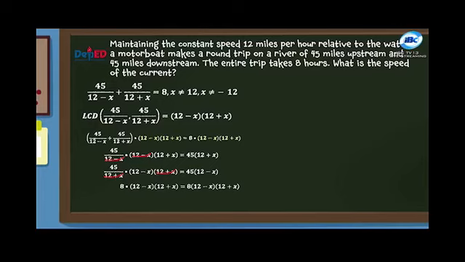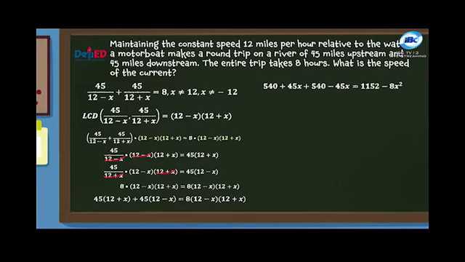This results to the equation 45 times the binomial 12 plus x plus 45 times the binomial 12 minus x equals 8 times binomial 12 minus x times binomial 12 plus x.